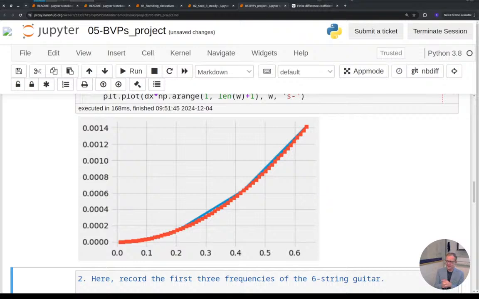Anything else? Sorry, we were running through this first problem on the project. Is there anything else that we're working on or had questions on?